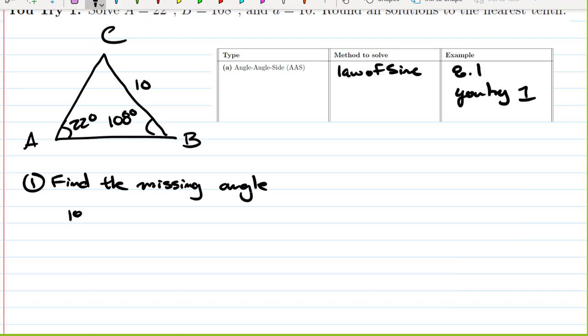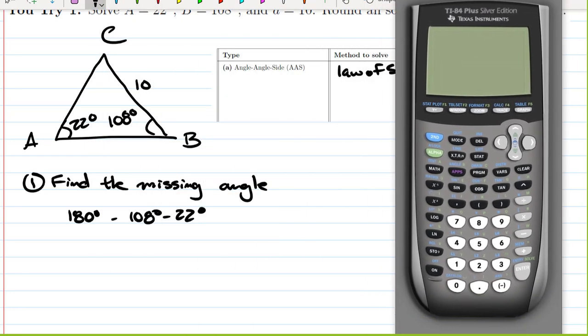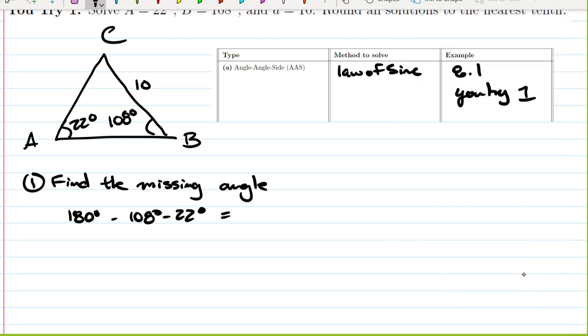And it is 180 minus 108 minus 22, and we get 50 degrees. So that gives us our angle C is 50 degrees.